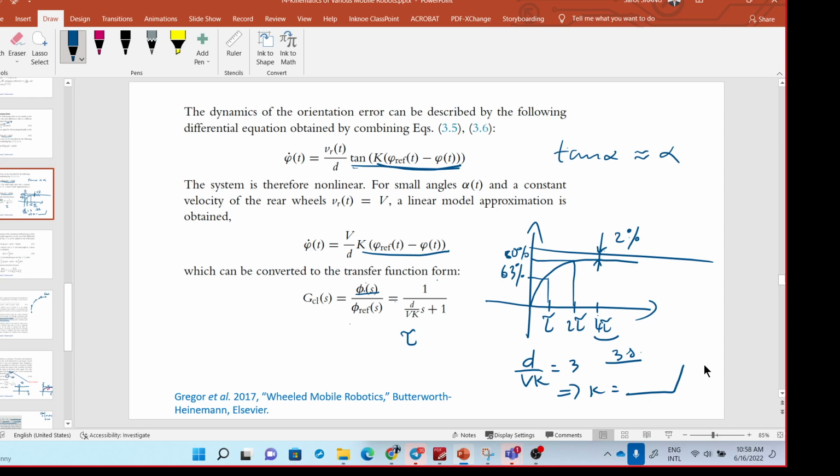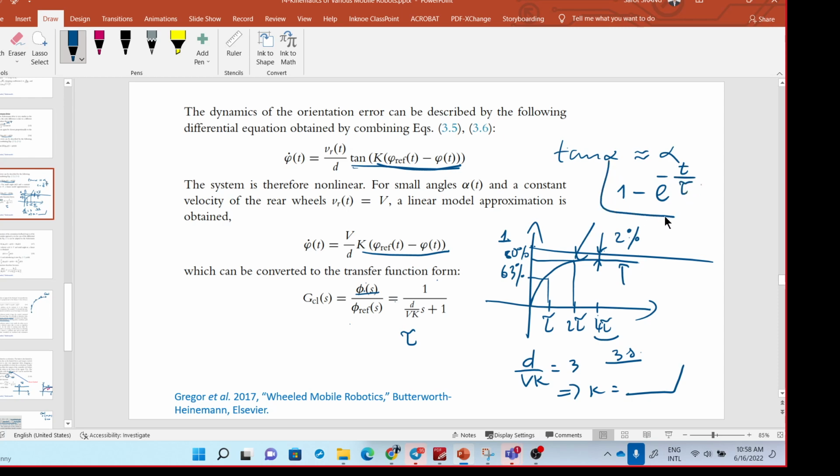Yes, yes, yes. Thank you. And if you want to compute the exact number here, because we consider in terms of percentage, I just put here 1, and the curve here is just 1 minus e to the minus t over tau.